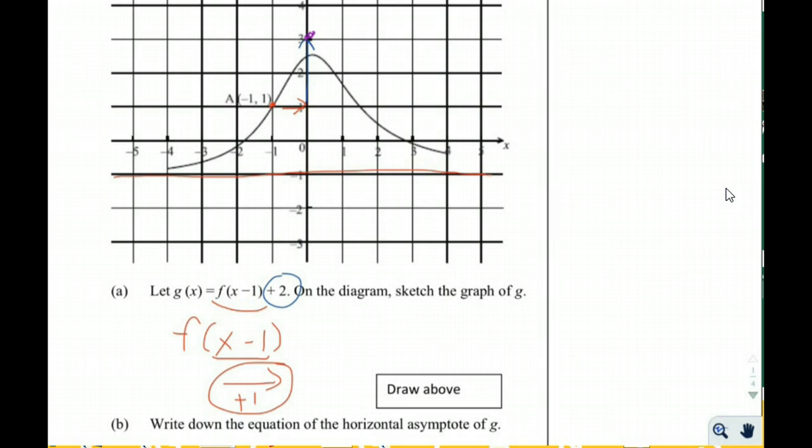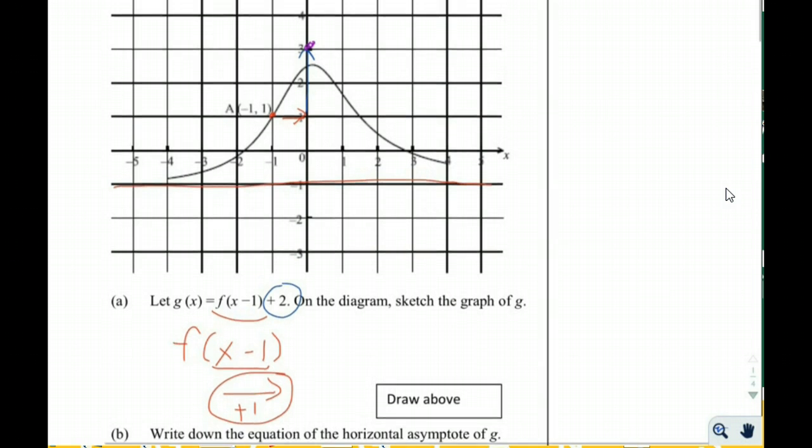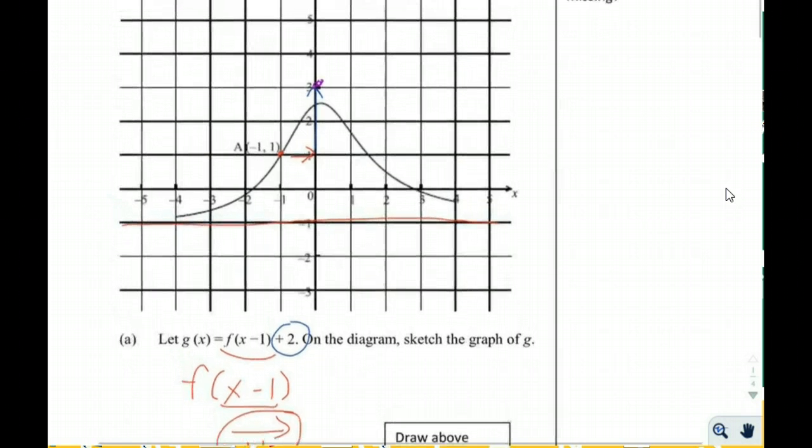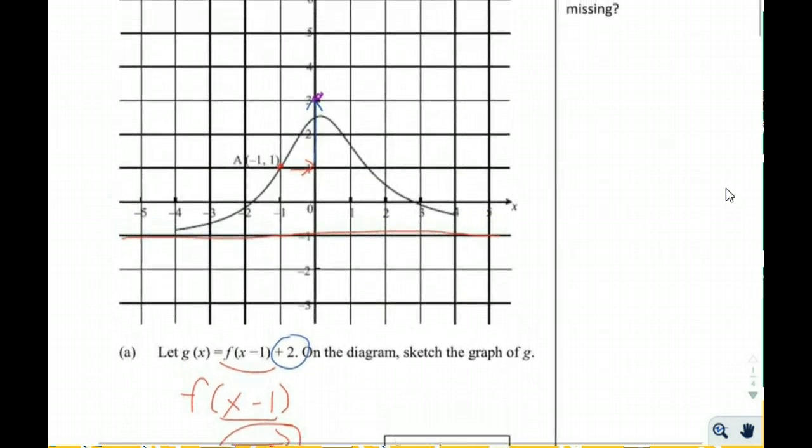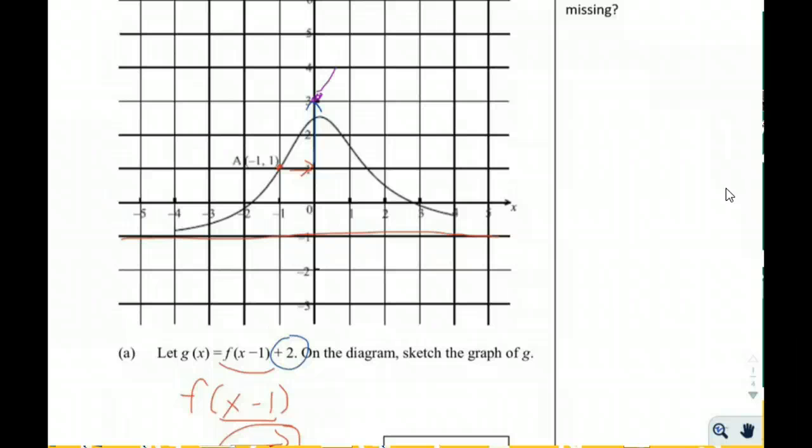It says to sketch the graph of g. So, for example, point A goes up there, and then it would look kind of like this. This point would also go 1 to the right and 2 up.